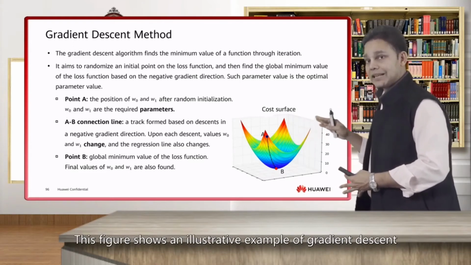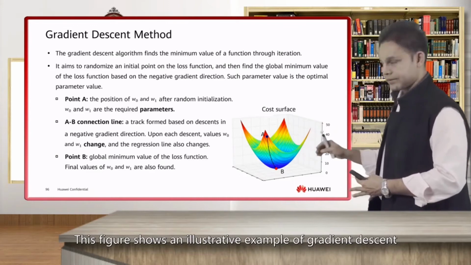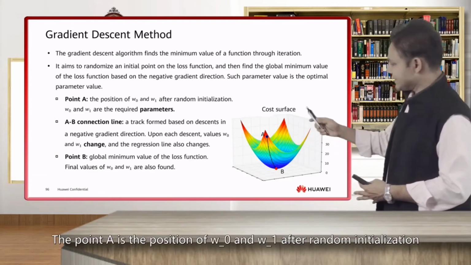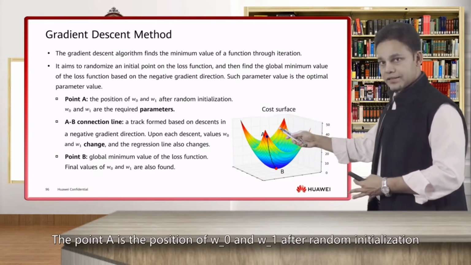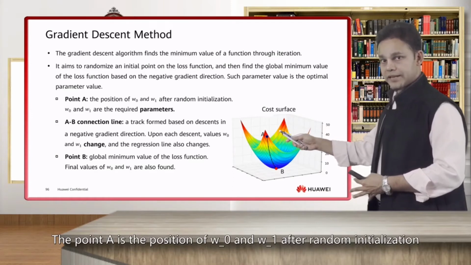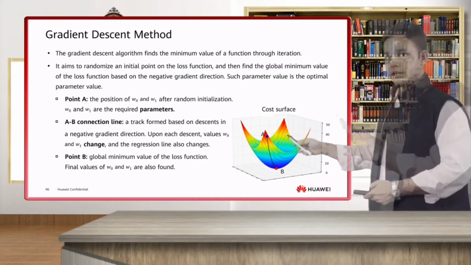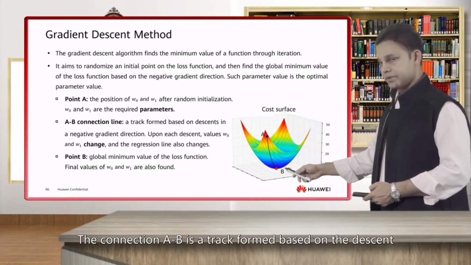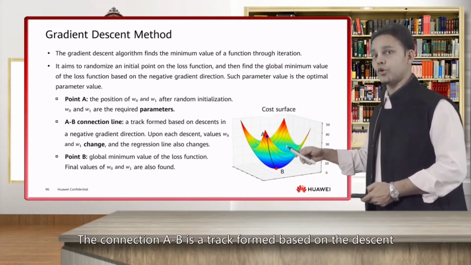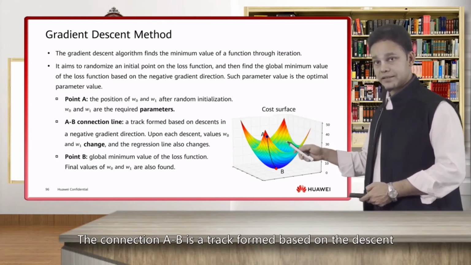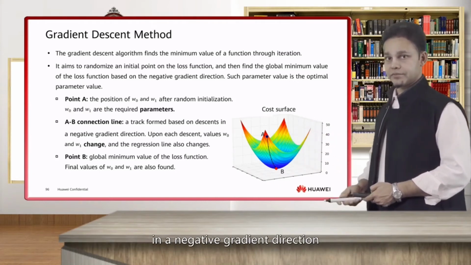This figure shows an illustrative example of gradient descent. The point A is the position of W0 and W1 after random initialization. The connection A to B is a track formed based on the descent in a negative gradient direction.